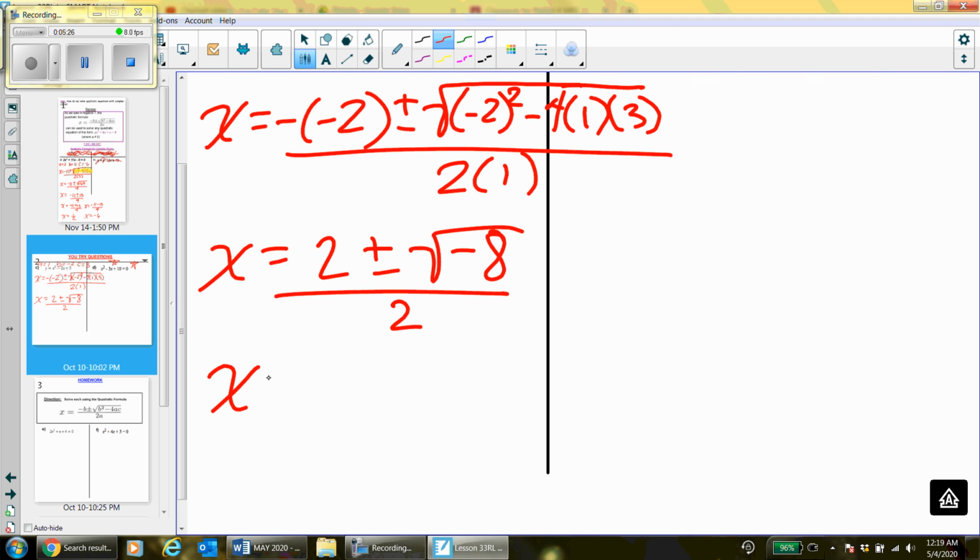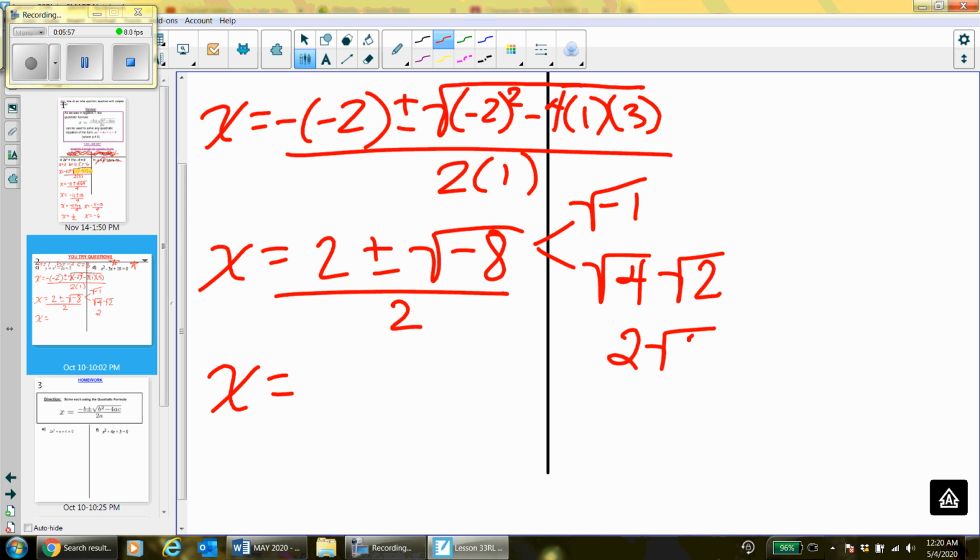So now we have x equals, and we're going to simplify or break down this radical. I'm going to do that quickly on the side here. So I know that that breaks down to a negative 1, all right? And then the 8 can be broken down like this: 4 times 2 is 8. 4 is a perfect square. Square root of 4 is 2.